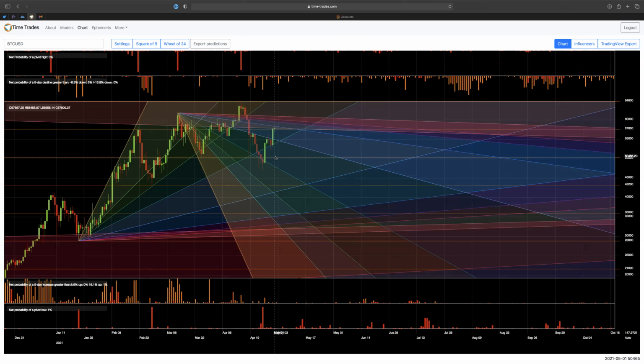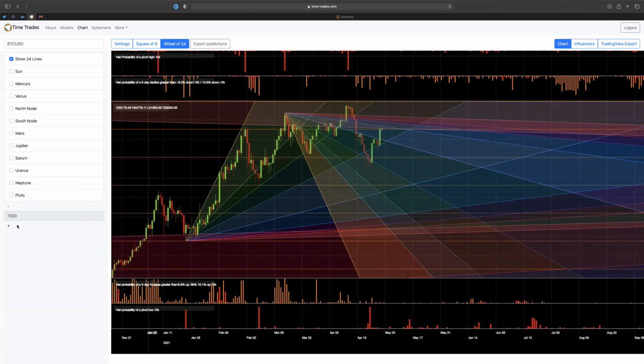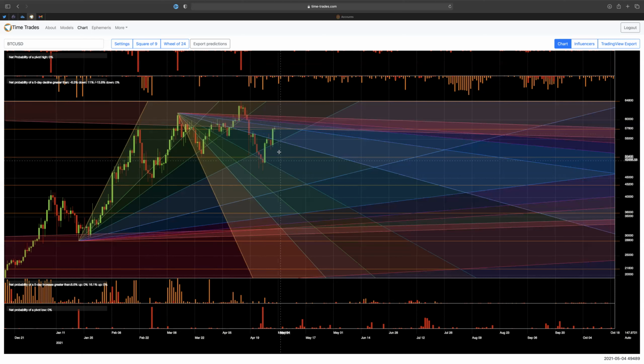So the wheel of 24 configuration that I'm using right now is 7,200. What that means is every $7,200, we start a new lap around the wheel. And typically price will reverse after every lap, but when it doesn't, it'll often reverse halfway around. And that's exactly what happened here.